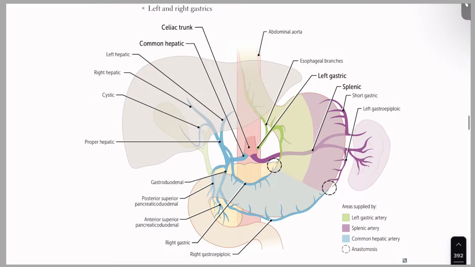Abdominal aorta, celiac artery, common hepatic artery. Common hepatic artery gives left hepatic, right hepatic, cystic, proper hepatic, gastroduodenal, posterior superior pancreaticoduodenal, anterior superior pancreaticoduodenal, right gastric, right gastroepiploic.